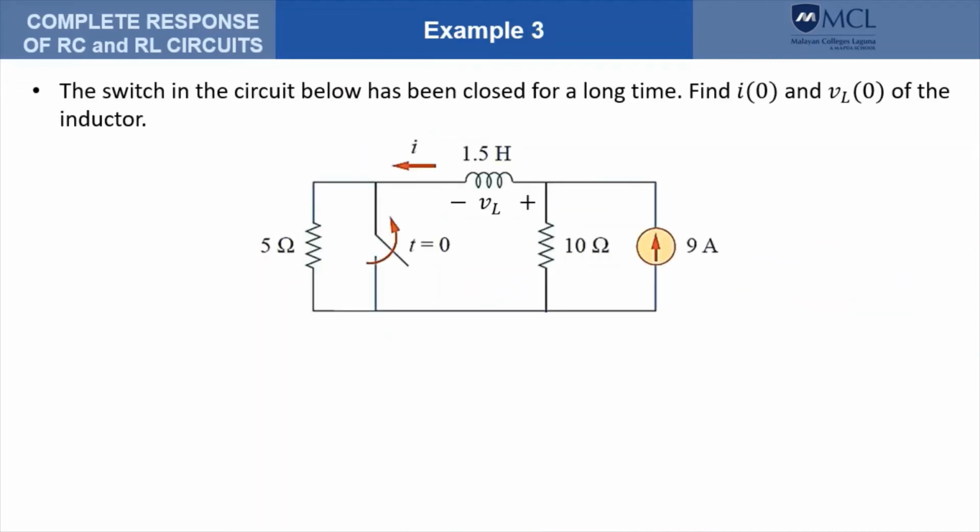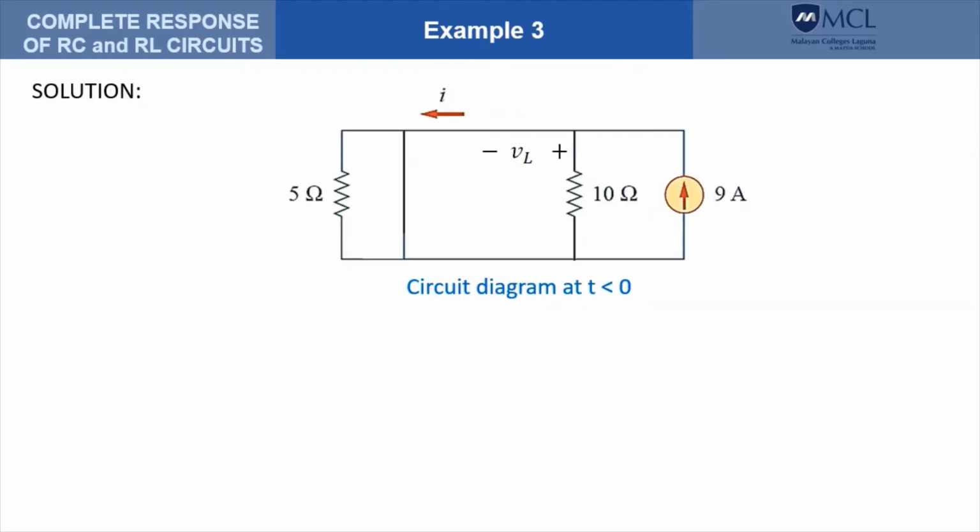In this problem, we have a network containing an inductor. Prior to the opening of the switch at t equals 0, the circuit is at steady state based on the condition that the switch has been closed for a long time. Then the switch opens, the circuit undergoes a transient condition and eventually settles to another steady state. This is the circuit before the switch is open.